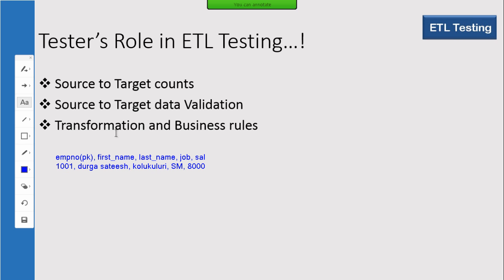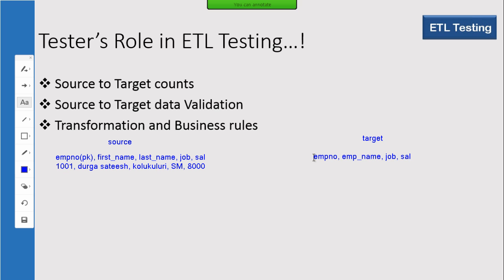All right. So let's take this as our source table. Now let me take the target table structure this way: EMP number, EMP name, job, and salary. If you see at the source, there are two columns, first name Durga Satish and last name Kolukuluri.